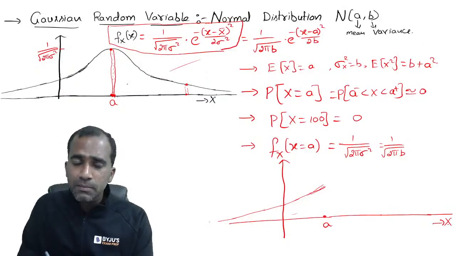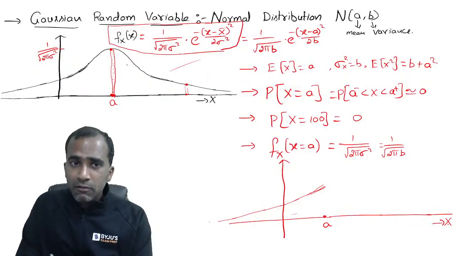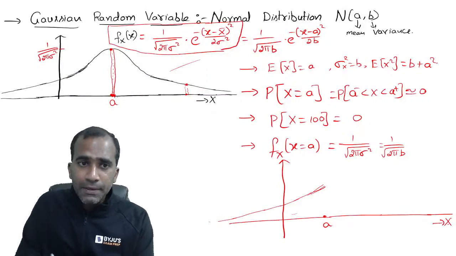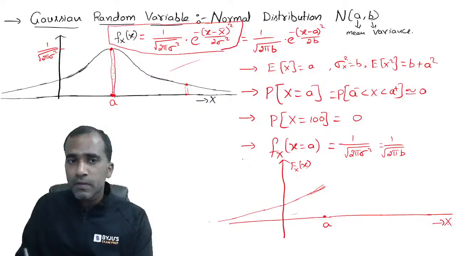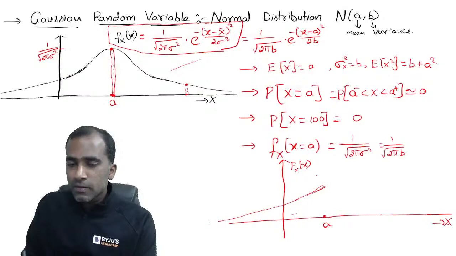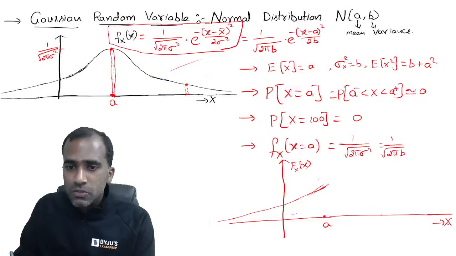Only positive area is accumulating more, right? But the amplitude here will become the slope here. Since the amplitude is highest at A, that will get converted to slope at A here in capital F_X(x). The amplitudes here will get converted to slopes here because we are doing simple integration. Right. So since the amplitude is highest at A, the slope should be highest at A.